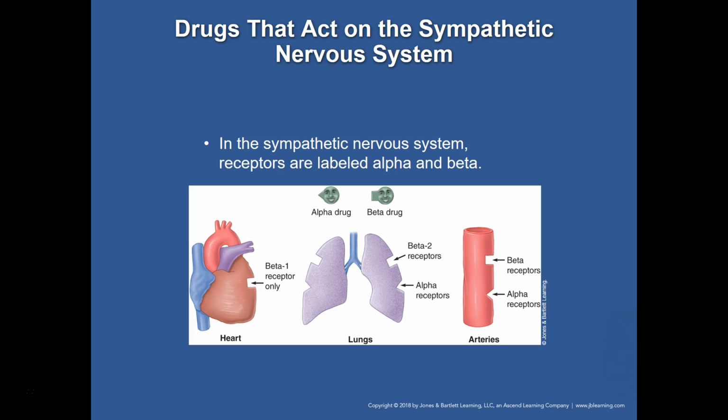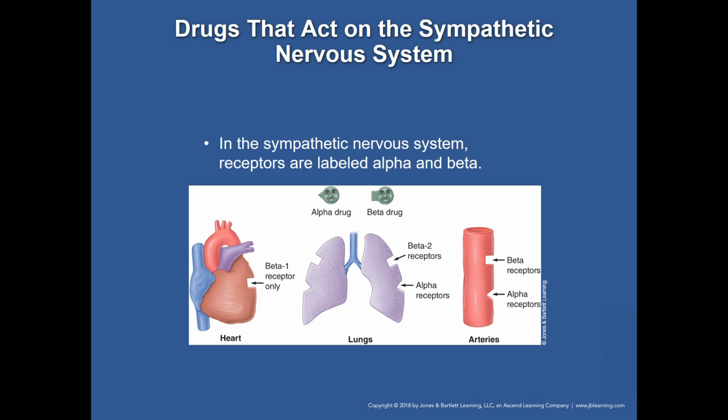And one of the things, those of you that took my anatomy and physiology class, we didn't talk about beta 1, beta 2 receptors, alpha and beta receptors that are present in the sympathetic nervous system. Basically, these receptors are location specific.